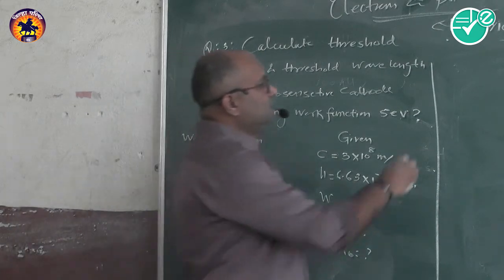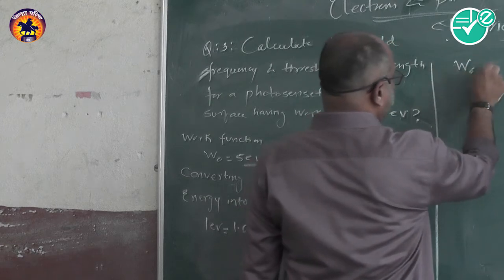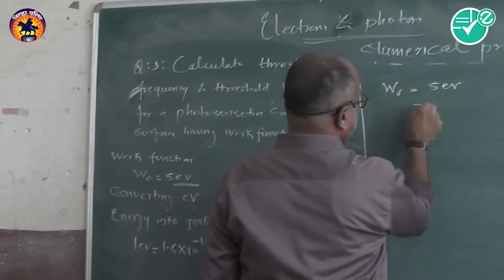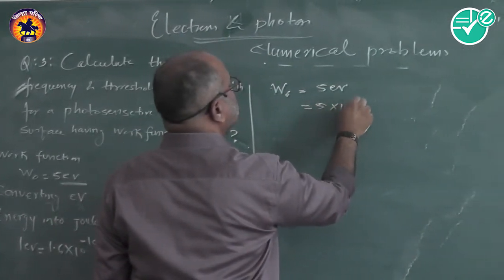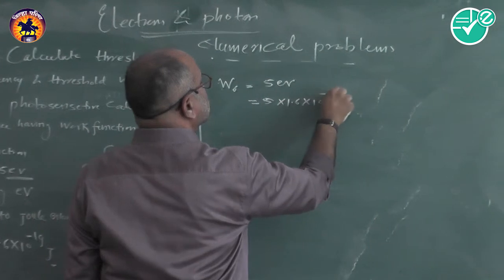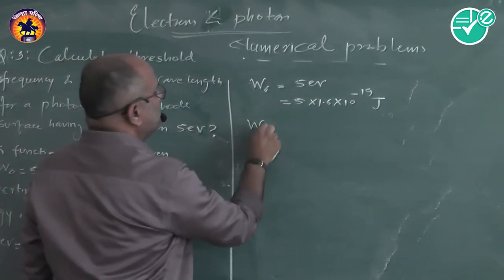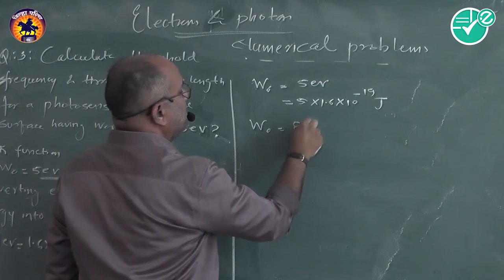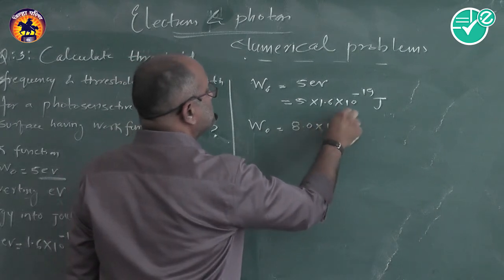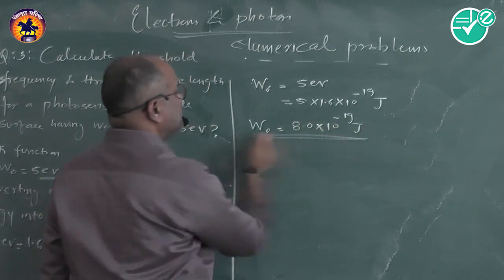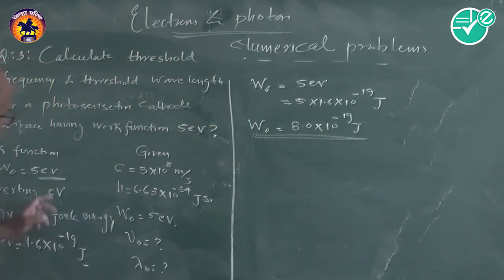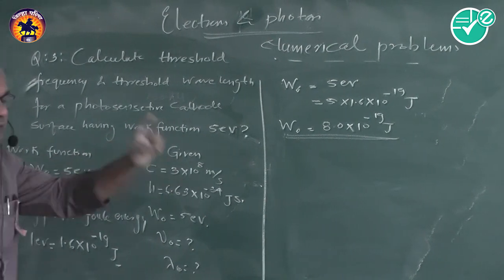So W0 becomes equal to 5 into 1.6 into 10 raised to minus 19 joule. So W0 is equal to 8.0 into 10 raised to minus 19 joule. Here we have just converted electron volt energy into joule energy.